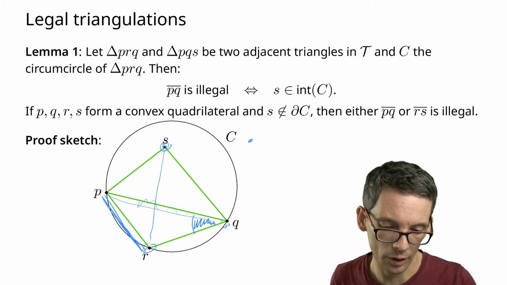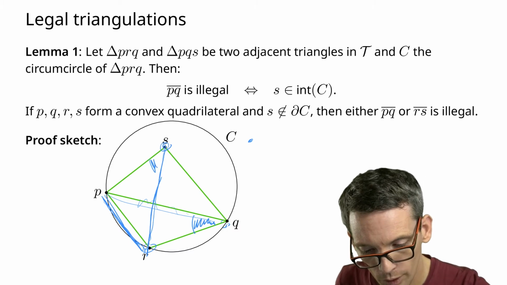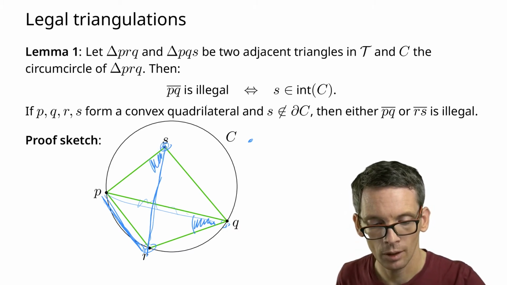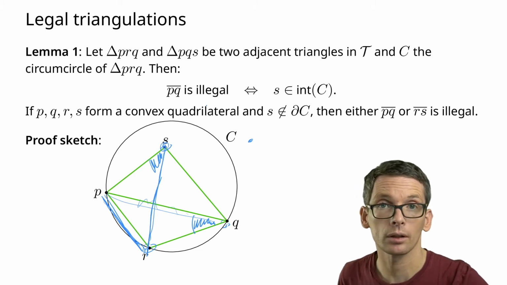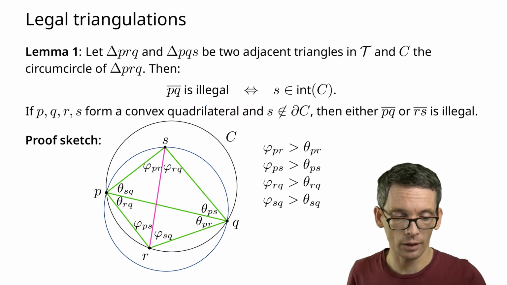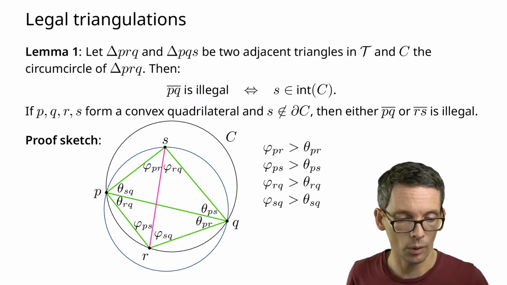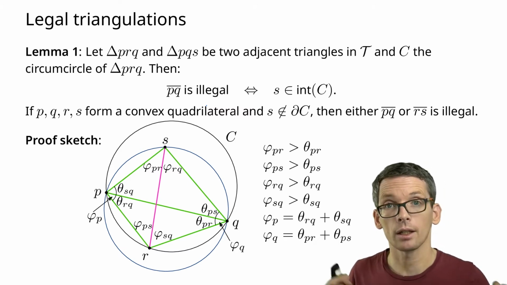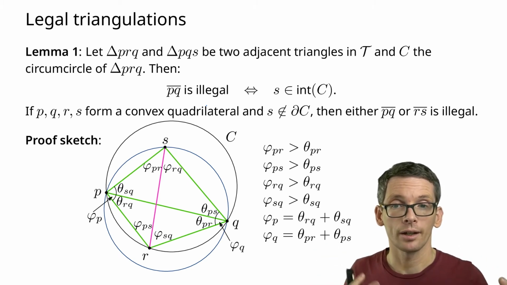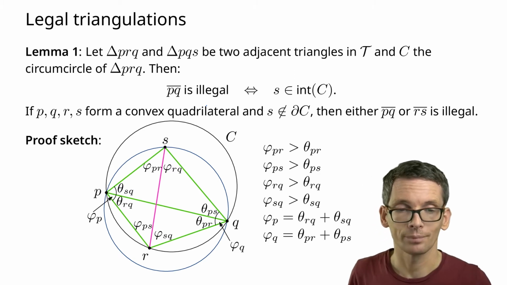I can set that in relation to this angle here, which is larger because S is inside the circle. So by Thales' theorem, this is larger, and I can do this for all of the angles. By going through all of these calculations, I see that indeed my edge is illegal if and only if S is inside.